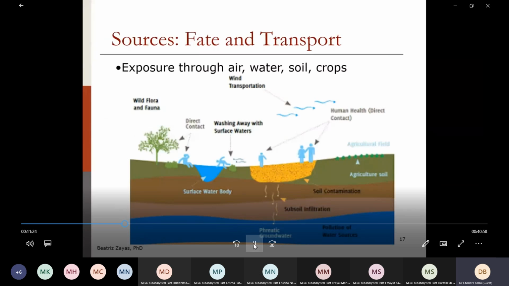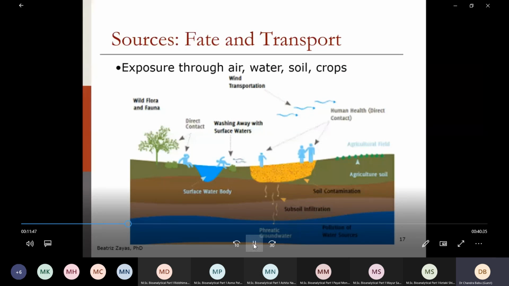Besides how long we are exposed, also how are we exposed? We can be exposed to pollutants through air, water, soil, crops, and food. Together with exposure is a concept known as fate and transport. As you can see, we can be exposed to different sources at the same time.